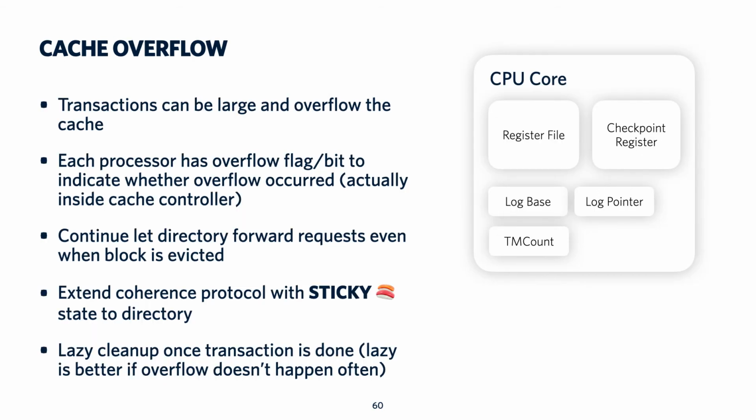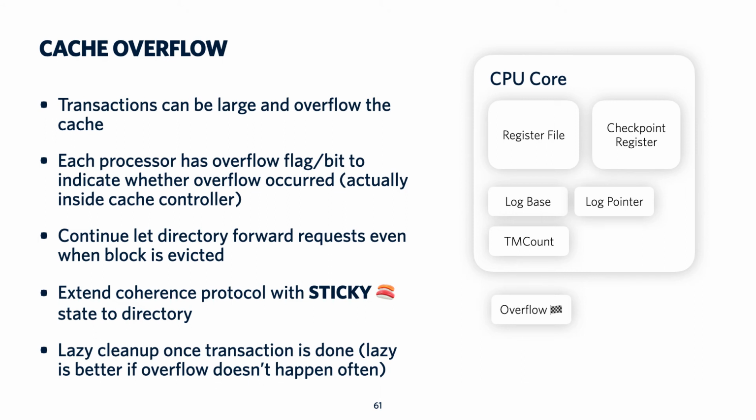There are cases where caches overflow, in which case, if a transaction has a lot of writes, it can overflow the cache, right? So each processor now has an overflow bit to indicate whether an overflow occurred. And even if it occurs, we continue to let the directory forward the request even when it's blocked. But how do we keep track of the states?